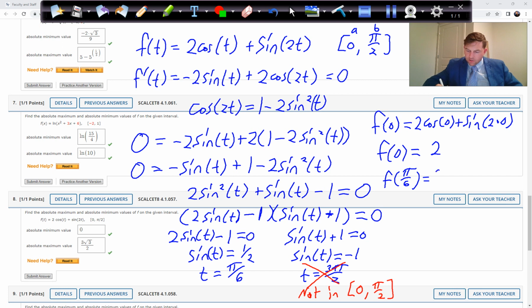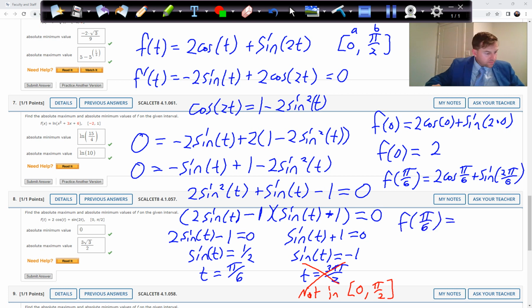And we'll get 2 cosine pi over 6 plus sine of 2 times pi over 6. And if you do that, you should get 3 square root 3 over 2, which is approximately equal to 2.60.